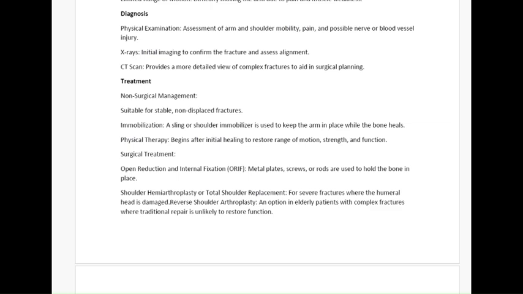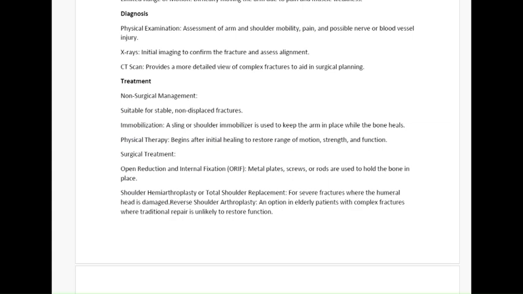If the conservative management didn't work, then we can start the surgical treatment. In surgical treatment, we can do open reduction and internal fixation. In this process, metal plates, screws, or rods are used to hold the bone in place.